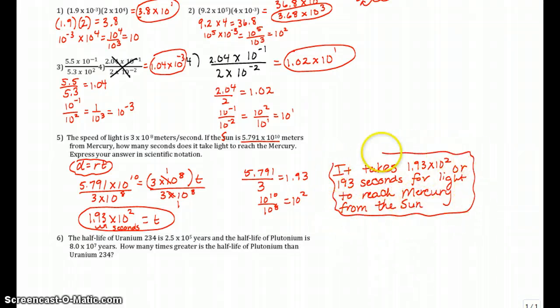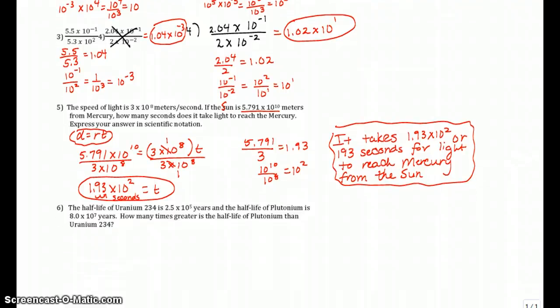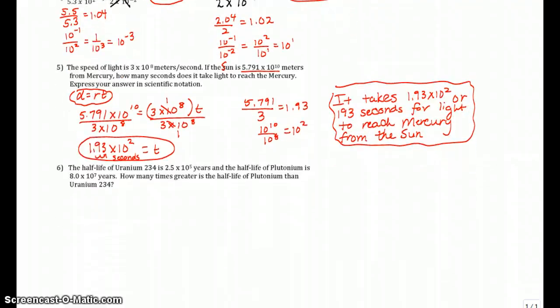Alright, so there you go. That's the better answer, but as long as you put seconds here, I would accept it. Again, I did say to write it in scientific notation, but I thought in this case it would make more sense to also think about what does that mean? What does 1.93 times 10 to the second mean?